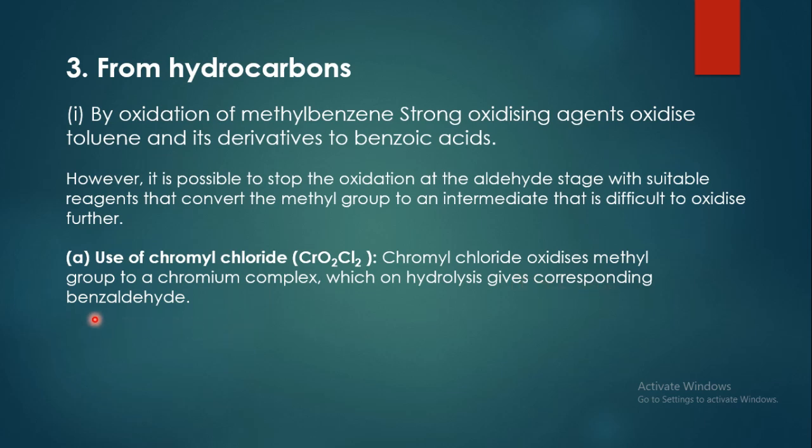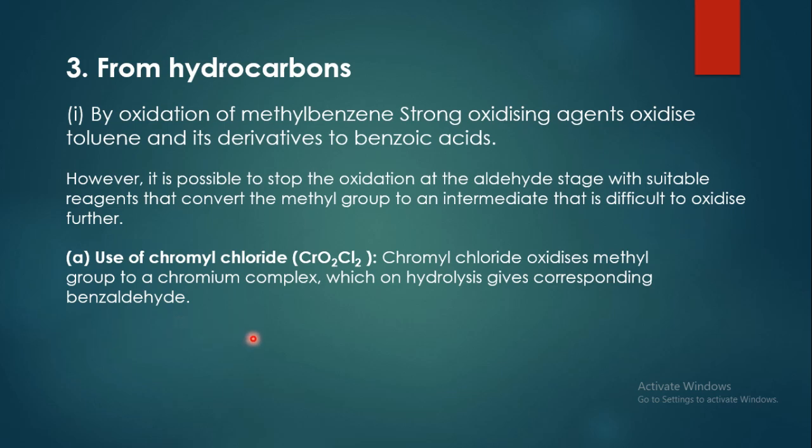One more time, we want our benzaldehyde, that means the aldehyde, and how can we get it? First take this methyl benzene and treat it with chromyl chloride, which will oxidize the methyl group and form a chromium complex. After formation of this complex, we take it for hydrolysis, and then we can easily get our benzaldehyde.